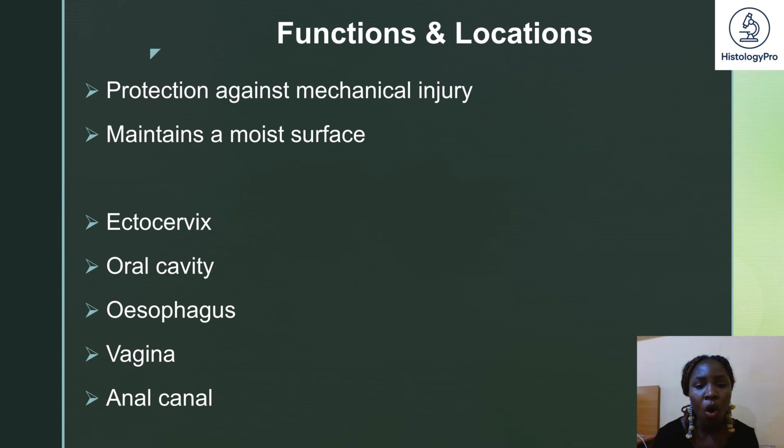This type of epithelium is commonly located in the ectocervix, the oral cavity, the vagina, the esophagus, and the anal canal.